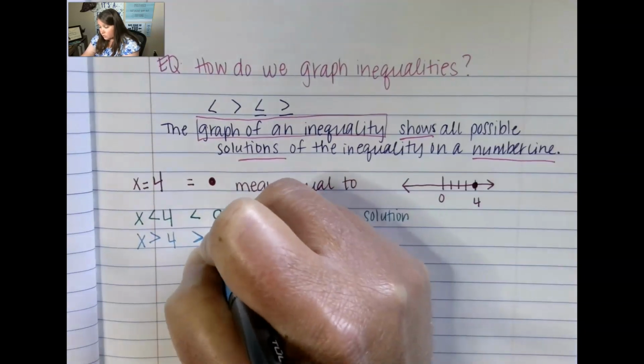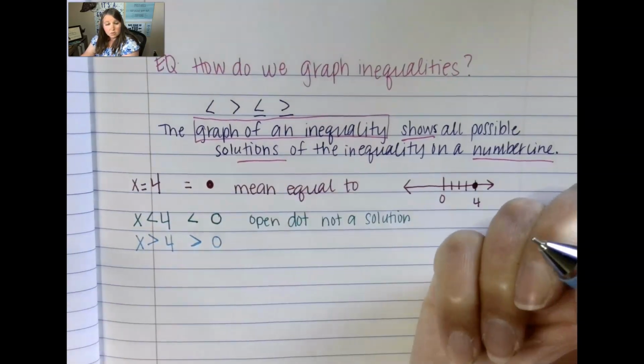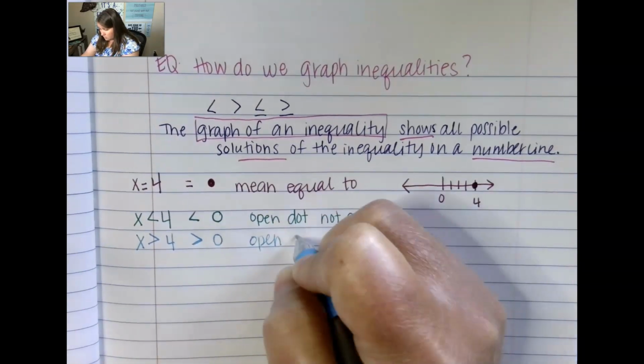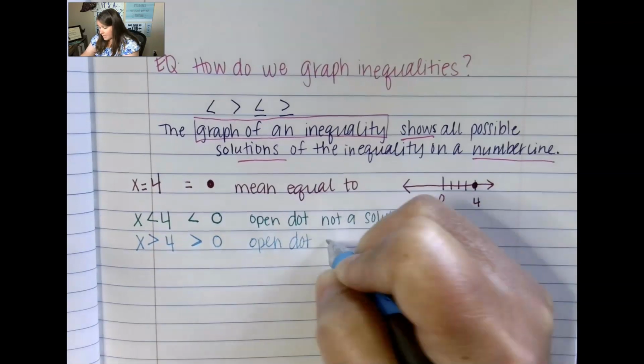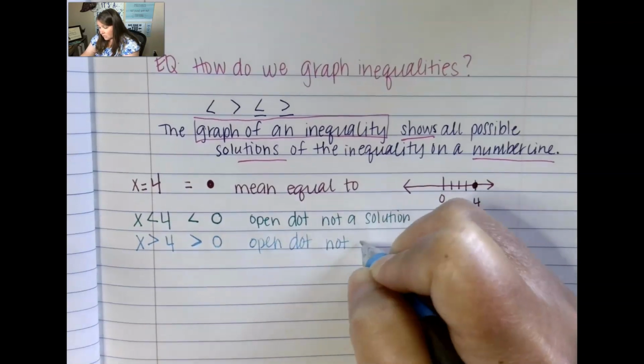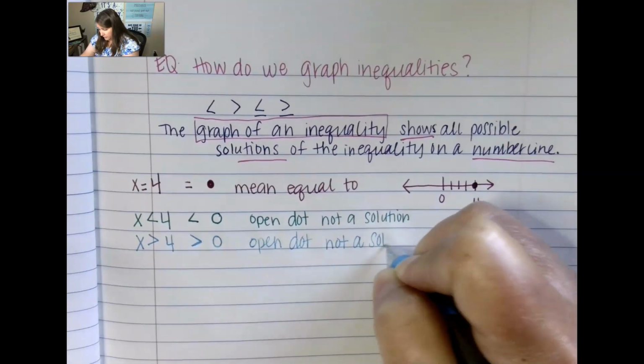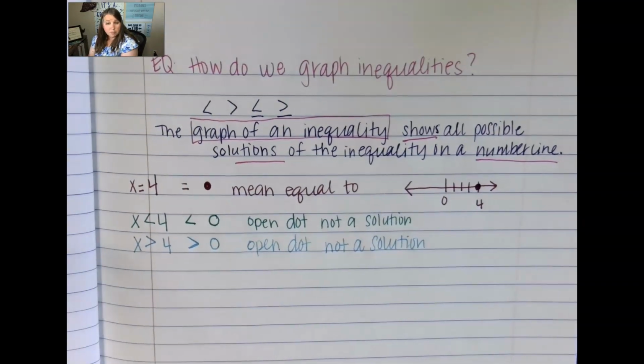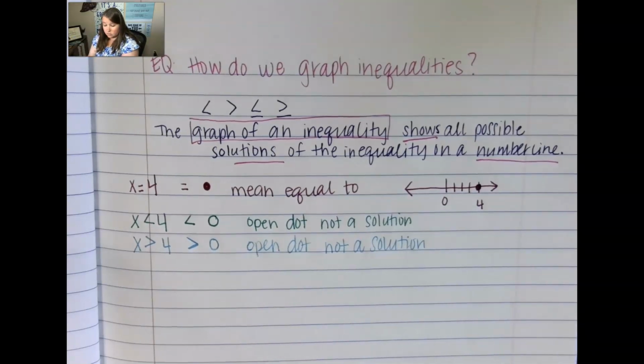So we're not going to include 4 again, so we're going to use an open dot. And again, it means that it's not a solution, but it does include all the numbers bigger than 4. So we would start at 5, 6, 7, 8, and go on like that.